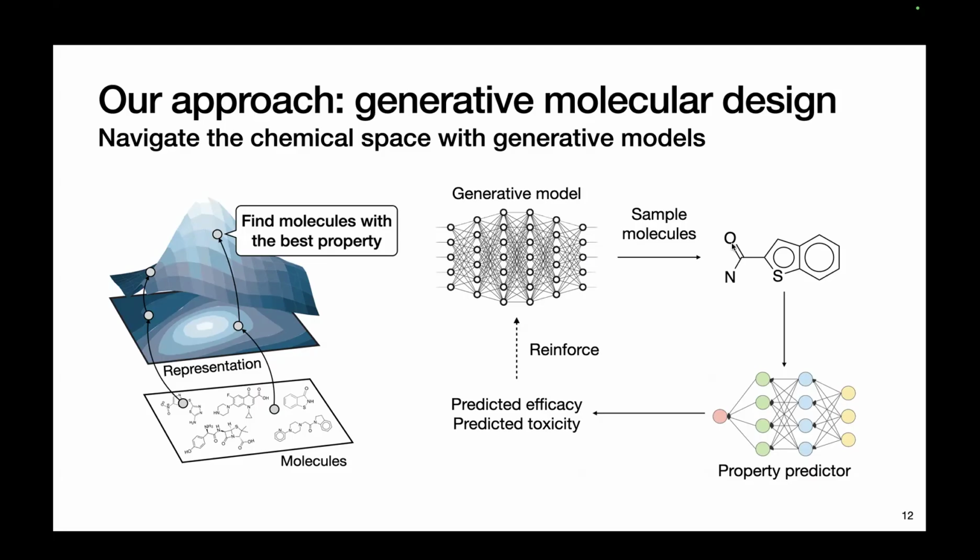It's like ChatGPT, where you have a generator and a reward model, and you do some sort of RLHF to let the generative model gradually climb up this hill to find molecules with the best properties. That's the vision of generative molecular design. And after several iterations, you would like to test these molecules experimentally. This is what we are going to do in this part of the talk.